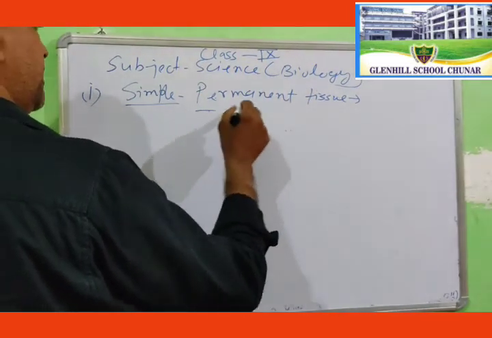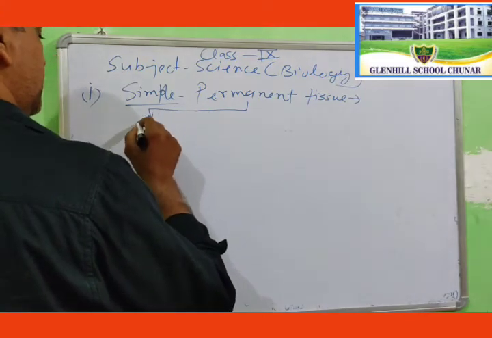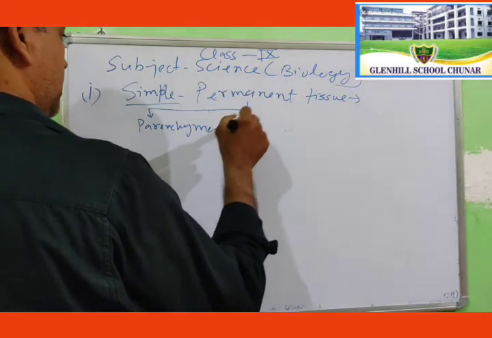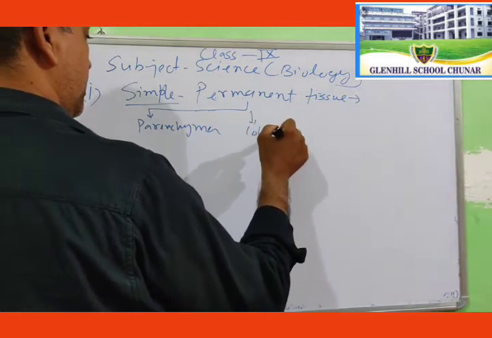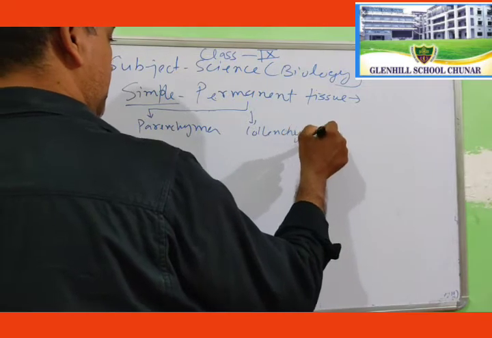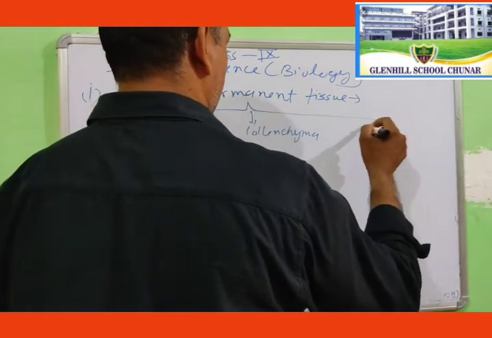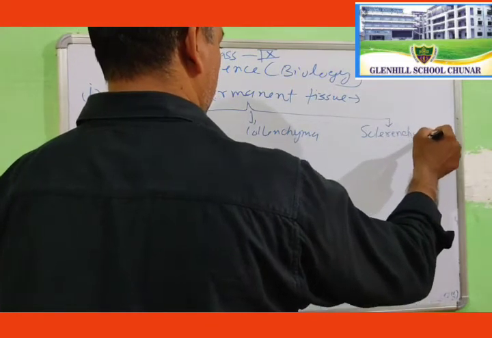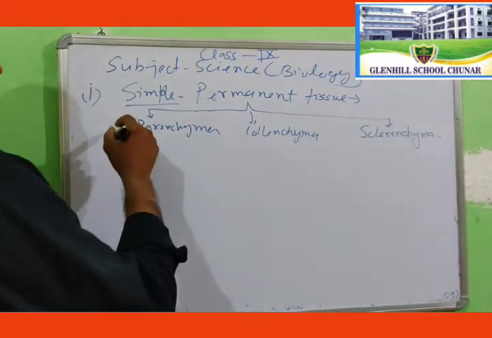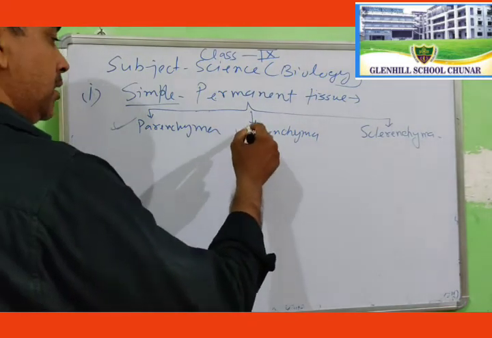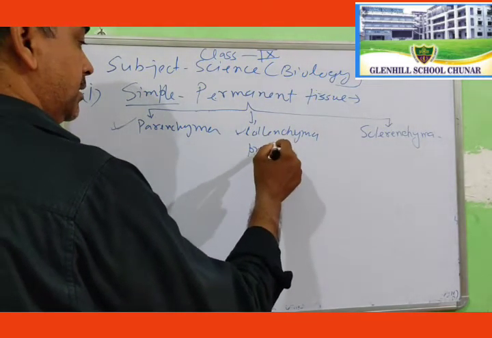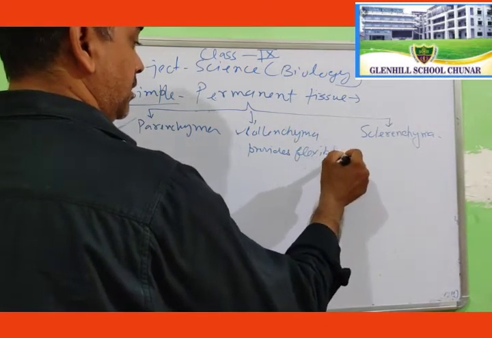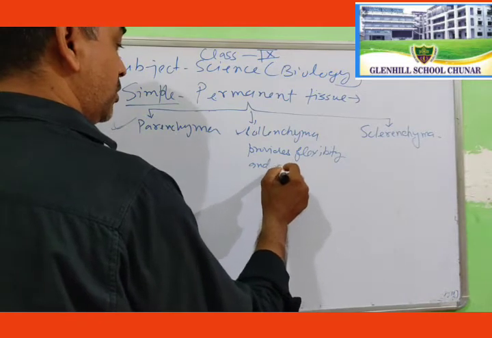Simple, three types. First is parenchyma, collenchyma, sclerenchyma. I have completed parenchyma. Now collenchyma provides flexibility and mechanical support.